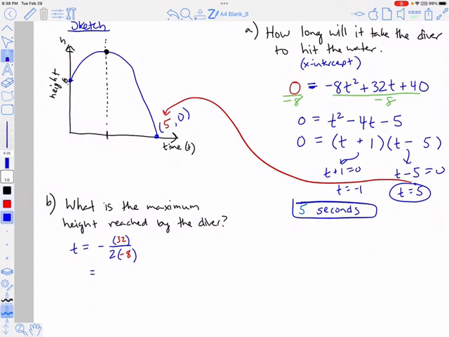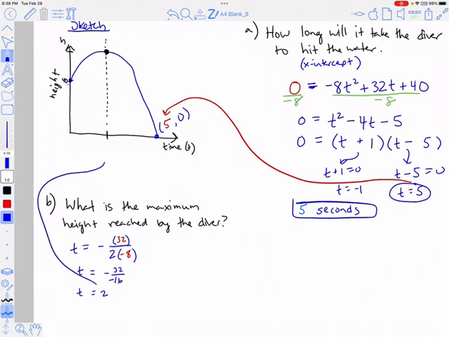So I've got -32 over -16, which is 2. Remember, this is x, so this is finding that x value of the axis of symmetry, but in this case, my x-axis is time, so that's why I'm labeling it as a t. So what I've just found there is the location of my axis of symmetry.